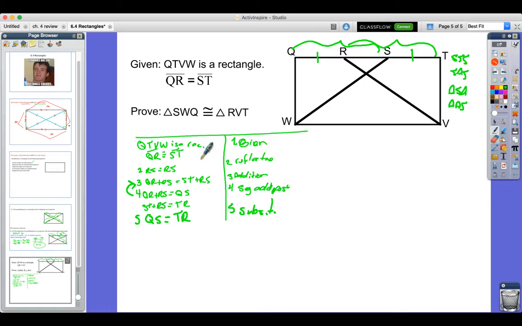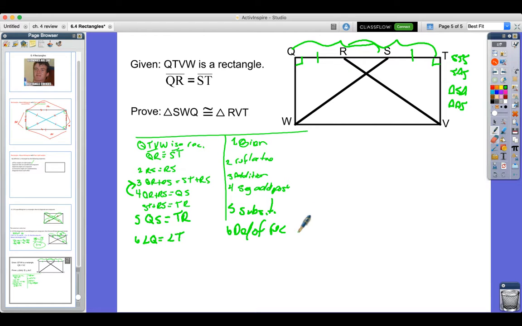The reason being, we can go ahead and say 5, 6. We say angle Q equals angle T, because those are right angles. Because 6, definition of rectangle.